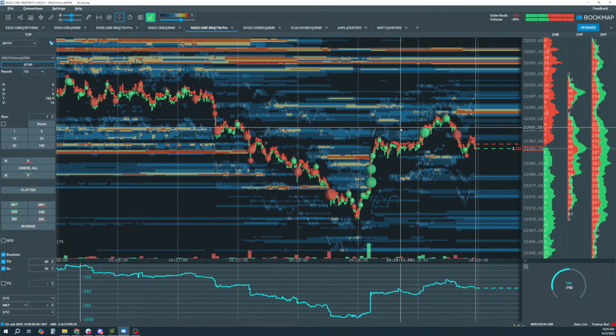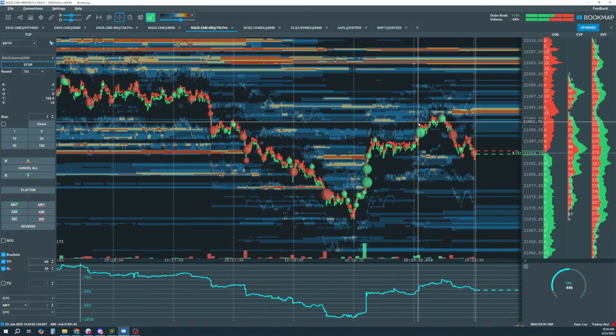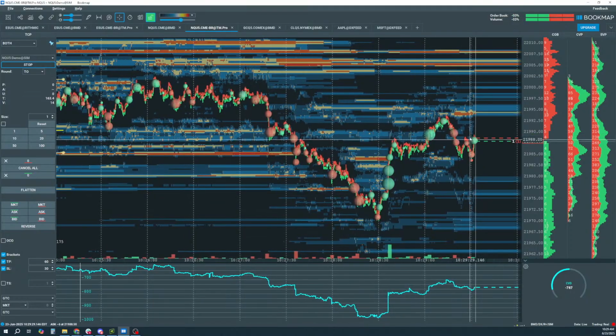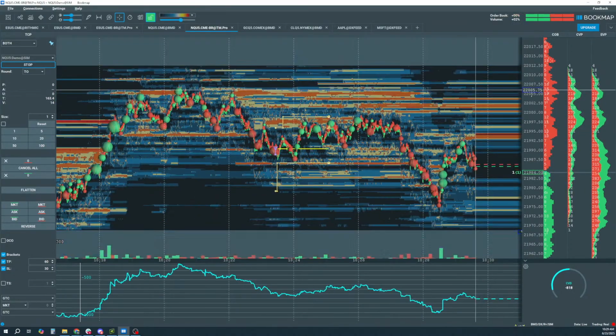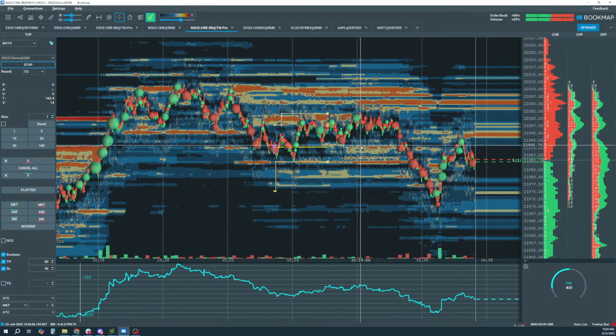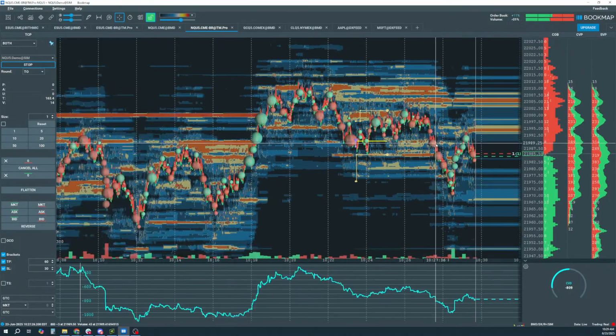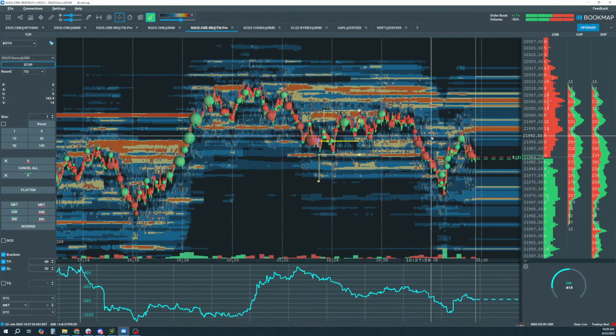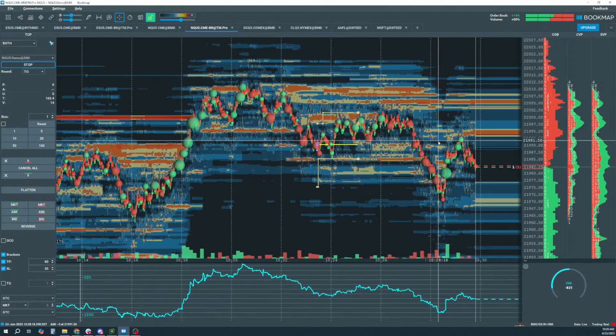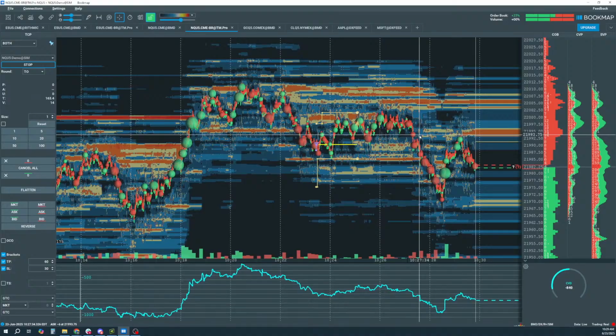Okay, so that's the environment we're in here, and we'll continue to look for our setups, but not really seeing too much at the moment.